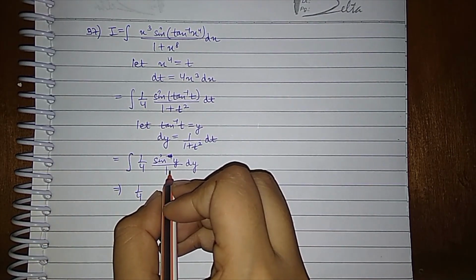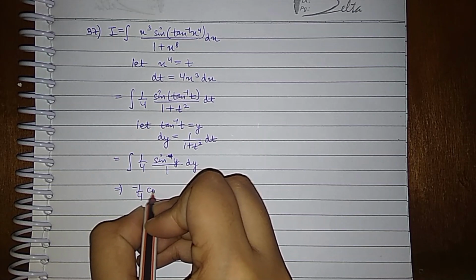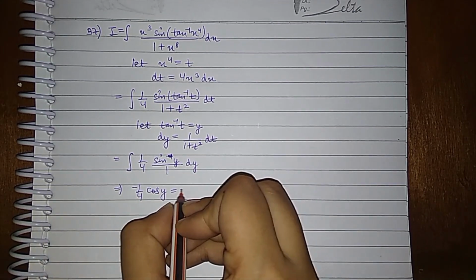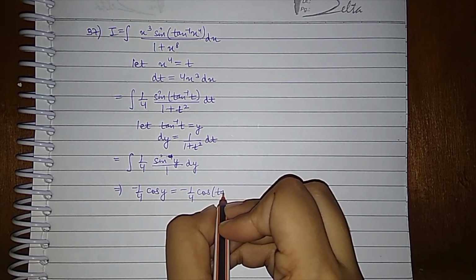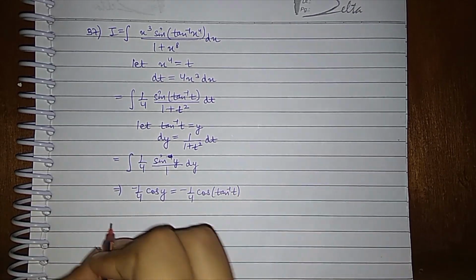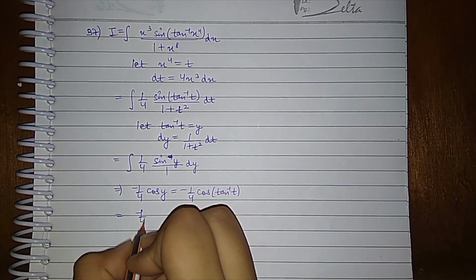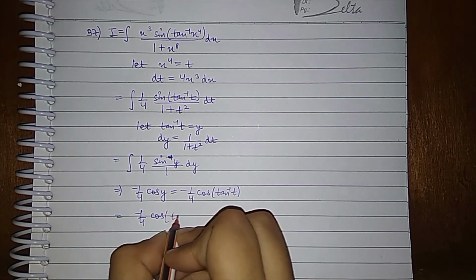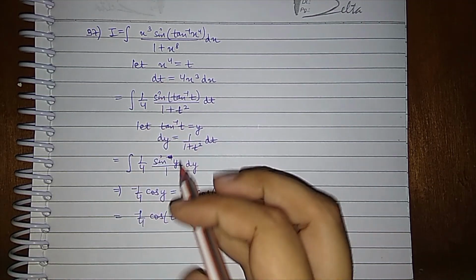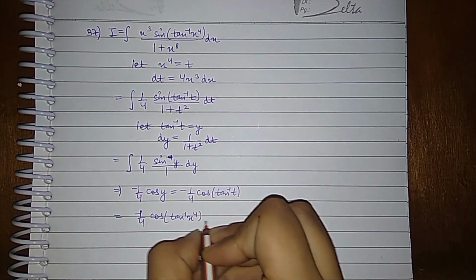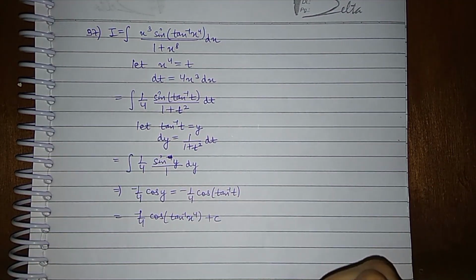Integration of sine y is minus cos y, which will give us minus 1 by 4 cos of tan inverse t. Now t we substituted as x to the power 4, so minus 1 by 4 cos of tan inverse x to the power 4 plus c.